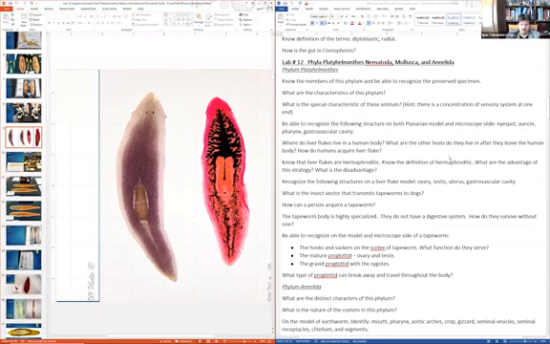Know that liver flukes are hermaphroditic. Know the definition of hermaphroditic: being male and female, or having ovaries and testes at the same time. What is the advantage of this strategy? Self-fertilization. They can self-fertilize to produce eggs, diploid organisms, the next generation. What is the disadvantage?